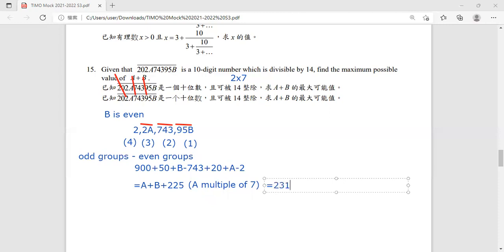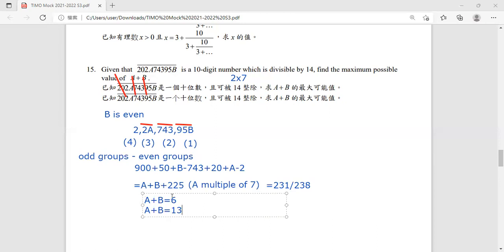It should be equal to 2041 or 2048. How about 2045? Can it be 2045? Of course not, because A plus B maximum is 16. But 2025 plus 18 is 2043, so it doesn't matter. So you will find A plus B is equal to 6 or A plus B equal to 13.